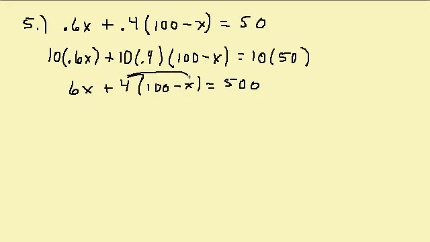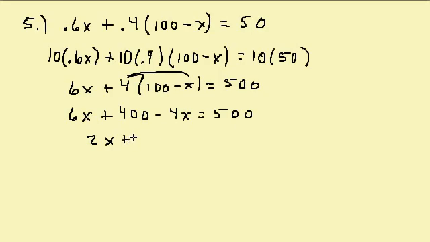Now I need to clear the parentheses using the distributive property. So I get 6x plus 400 minus 4x equals 500.